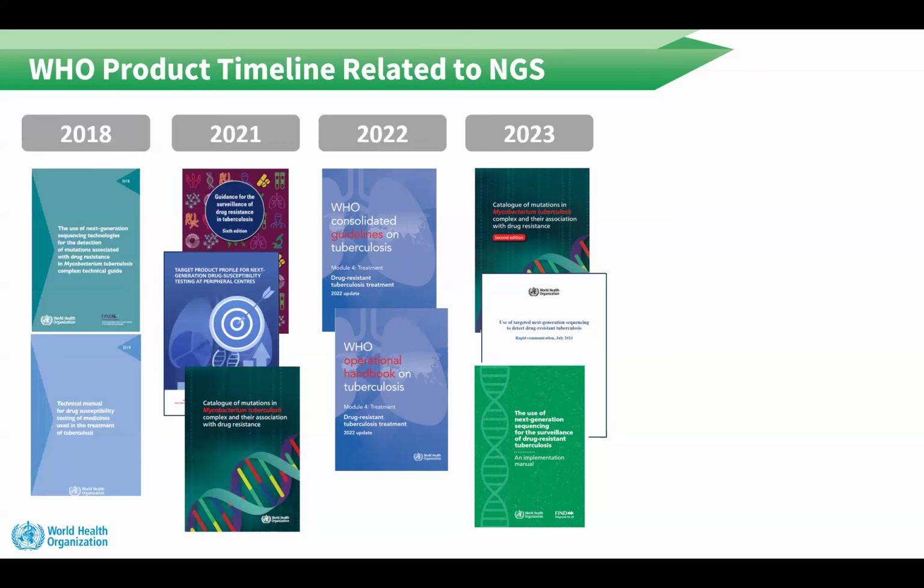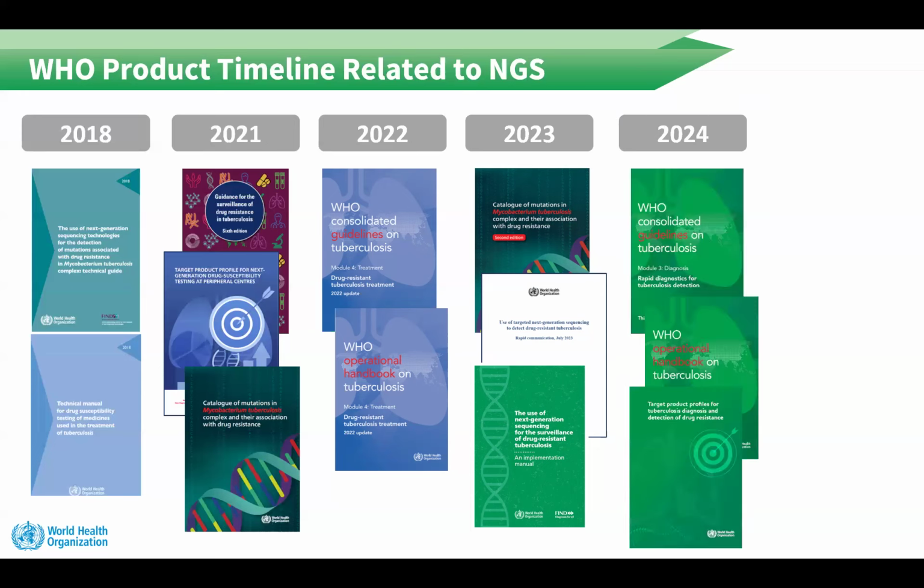And importantly, WHO released for the first time a rapid communication on the use of TNGS to detect drug-resistant TB for clinical care. In addition, WHO released a next-generation sequencing surveillance of drug-resistant TB implementation manual.